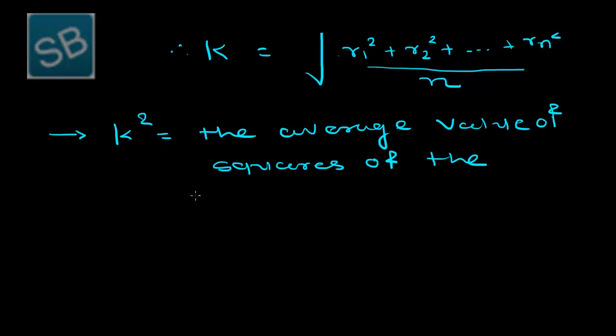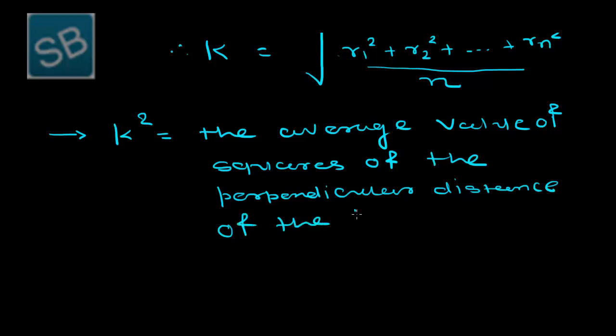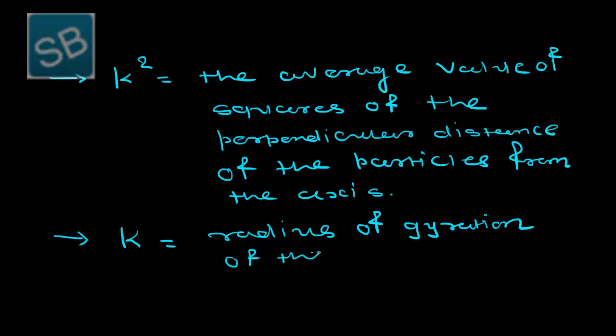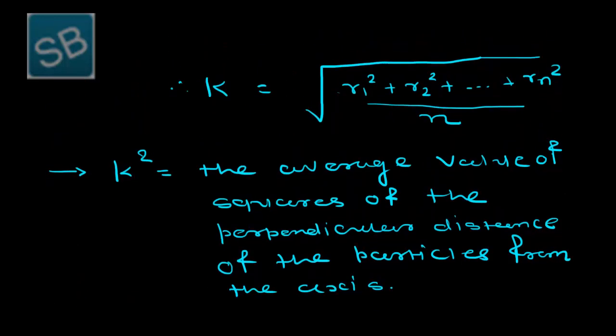The position vector is defined as the perpendicular distance of the particles from the axis, and the value of only k, not k square, is called the radius of gyration of the body about the given axis, because in the moment of inertia the selection of axis is important.